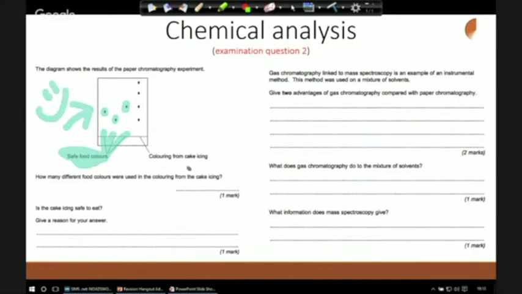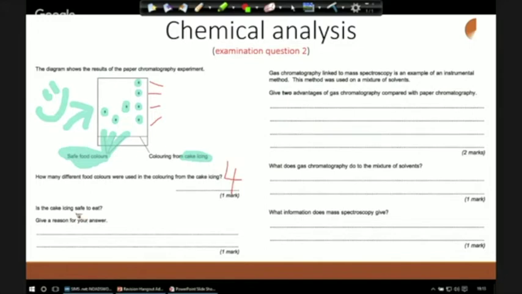Well, on our colouring from the cake icing, we have ourselves 1, 2, 3, 4 dots. So let's have a look at the first question. How many different food colours were used in the colouring from the cake icing? There are 4 different colours.